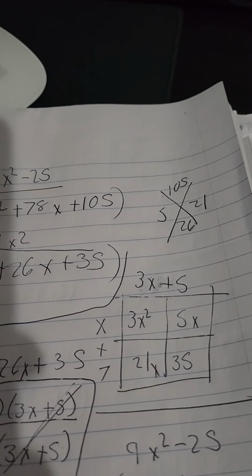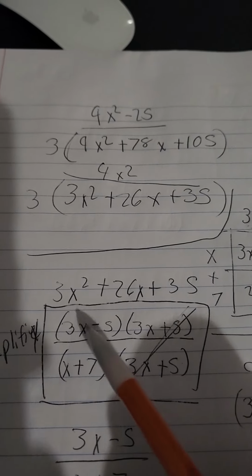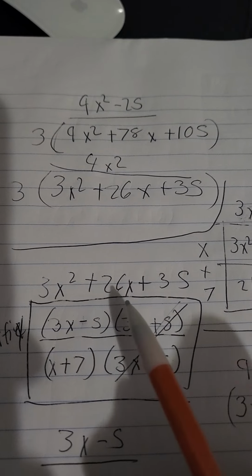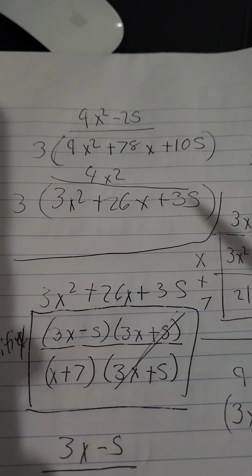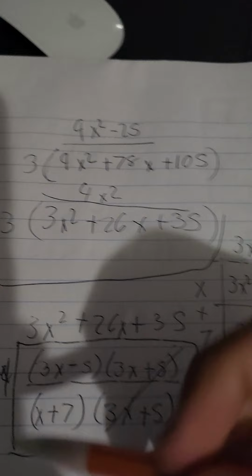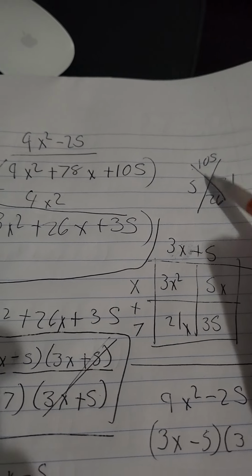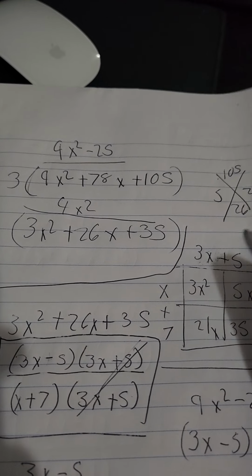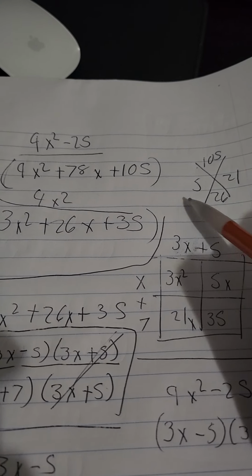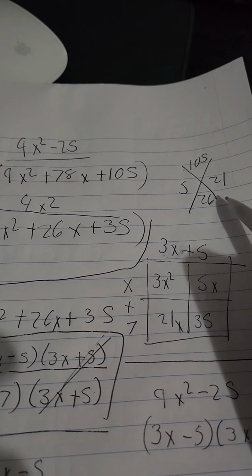Alright, then, you have to factor this part, factor this number, so you do that by multiplying these two numbers, this and this, which is 105, and then 26 at the bottom. You find two numbers, 5 and 21.